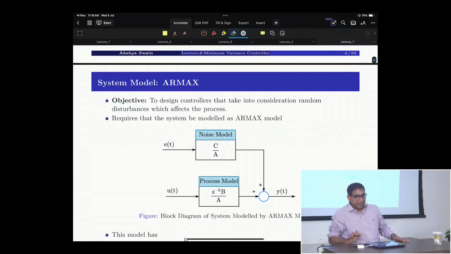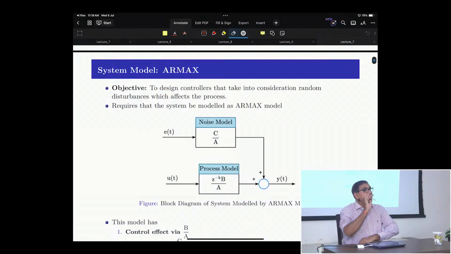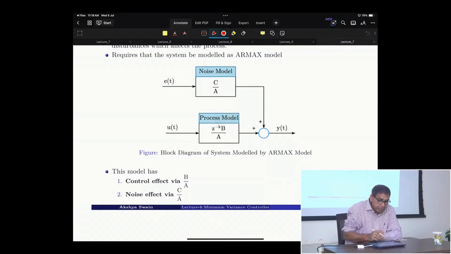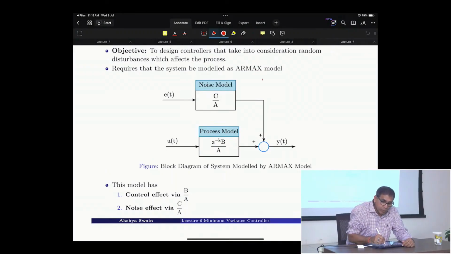This particular controller requires that the system must be modeled as y(t) = z^(-k) B/A u(t) + C/A e(t).